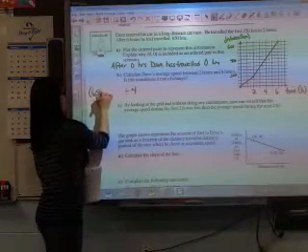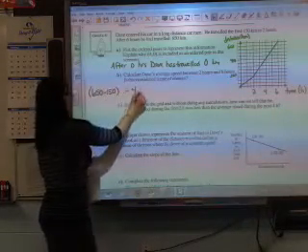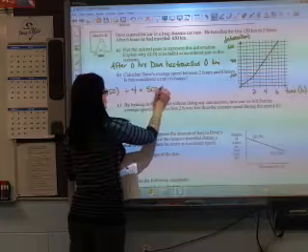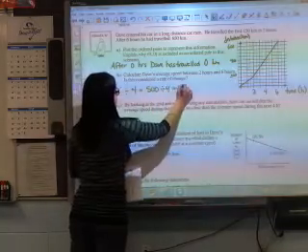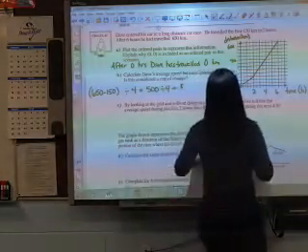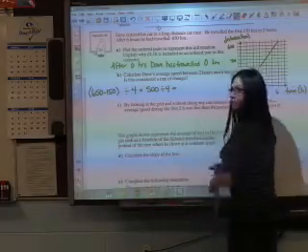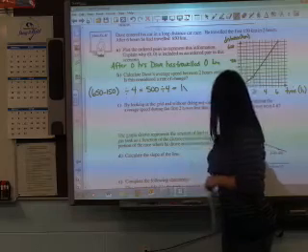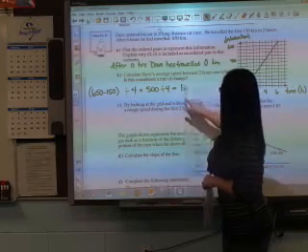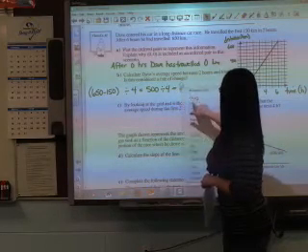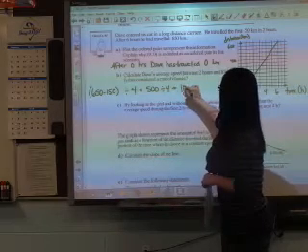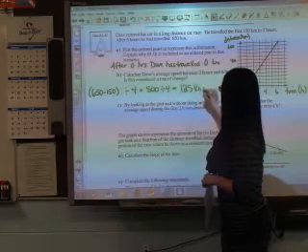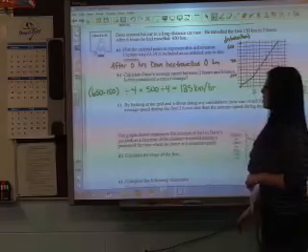And what is 650 minus 150? 500. And what is 500 divided by 4? 125. So 125 kilometers per hour.